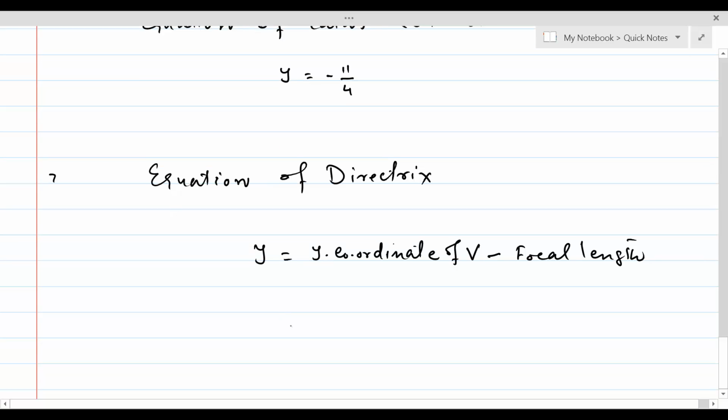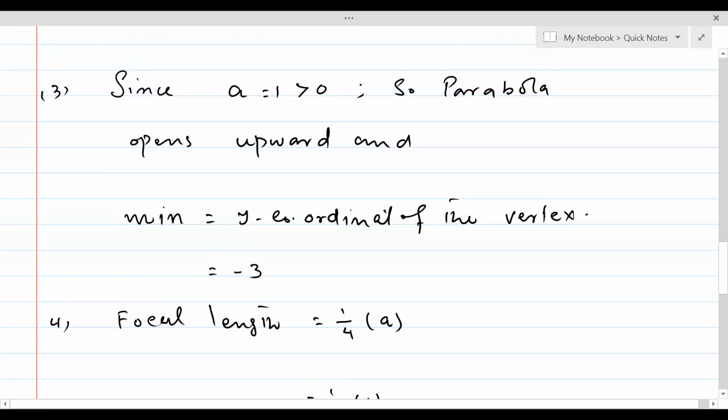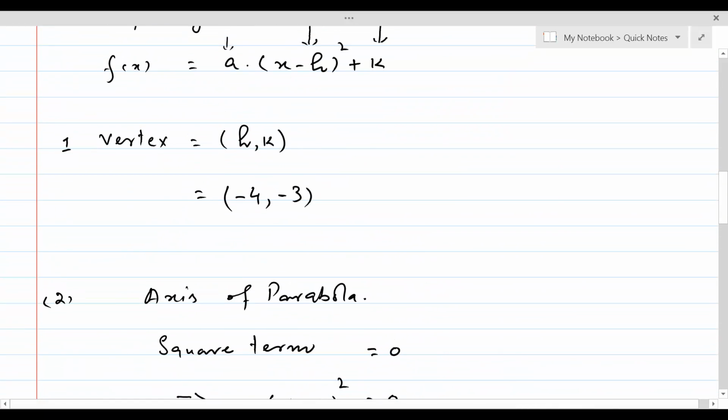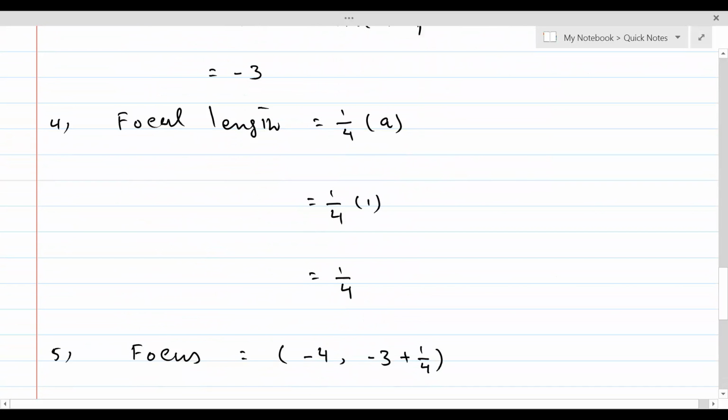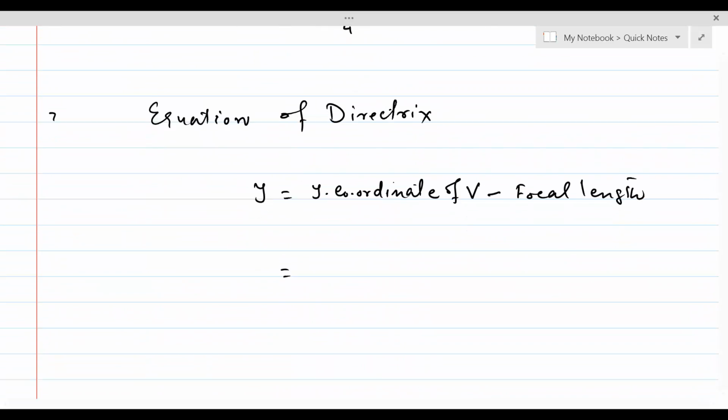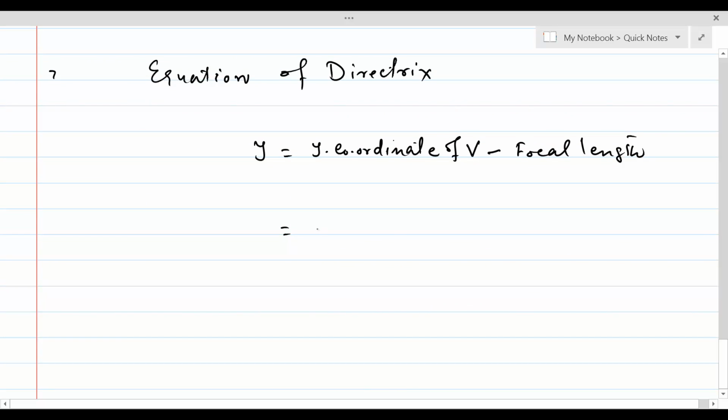So the y coordinate of the vertex is -3 minus 1/4, and this is equal to -13/4.